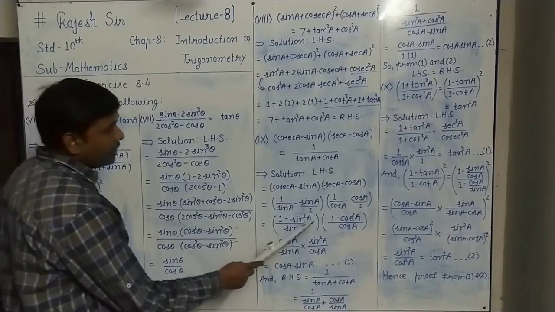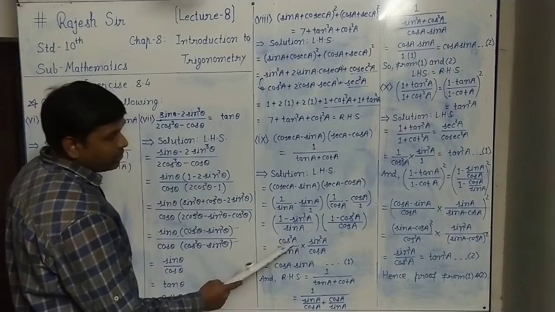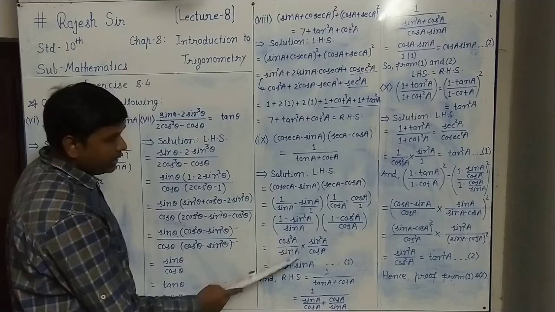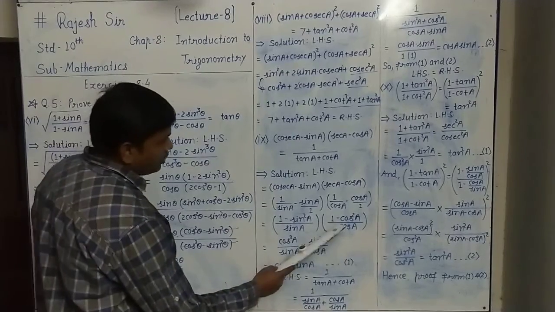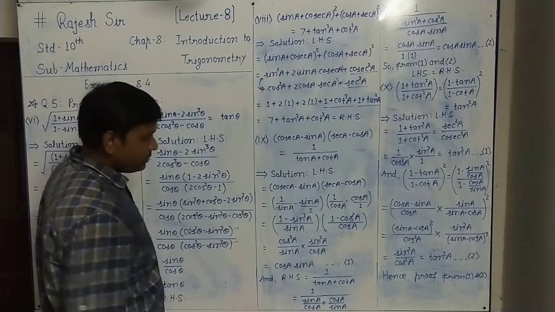Then 1 minus sin square a equals cos square a, by the identity, so cos square a upon sin a. Here also 1 minus cos square a equals sin square a, and cos a as it is.